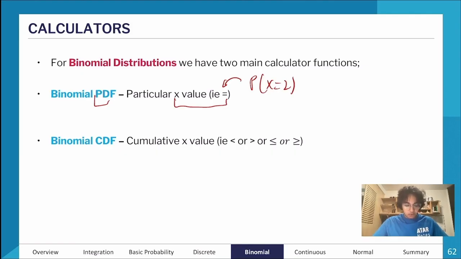Binomial CDF, cumulative density function, as it says, is cumulative. It sums up multiple terms. So it'll generally do things that are like greater than or less than, or greater than or equal to, or less than or equal to. And you don't really have to worry about converting things like x is less than 1 to probability of x is equal to 0.